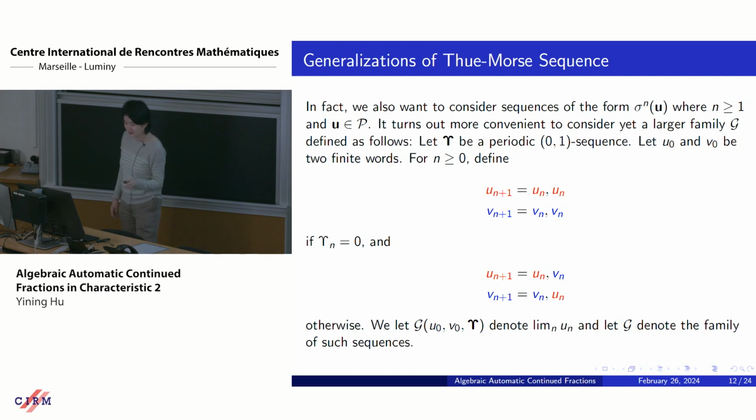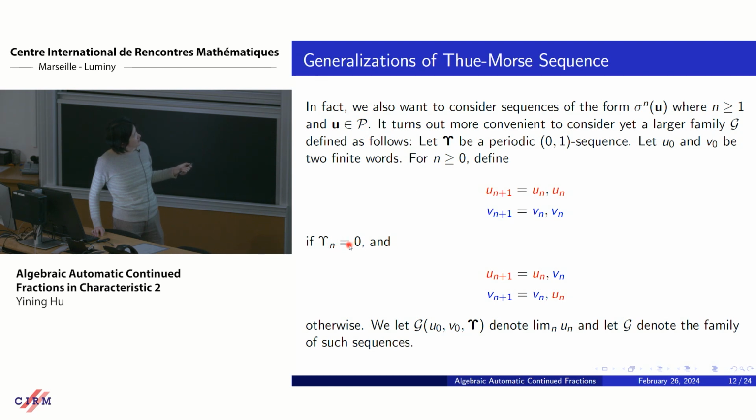which can be defined this way. First, let epsilon be a periodic 0-1 sequence, and we start with U0 and V0 to be two non-empty finite words. And for the next terms, we define Un plus 1 and Vn plus 1 depending on the value of epsilon n.